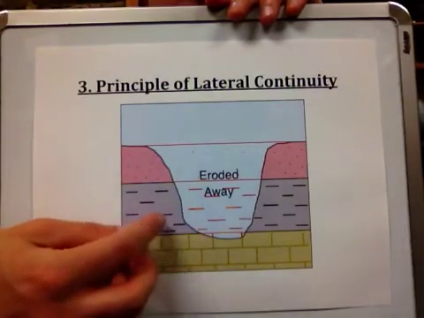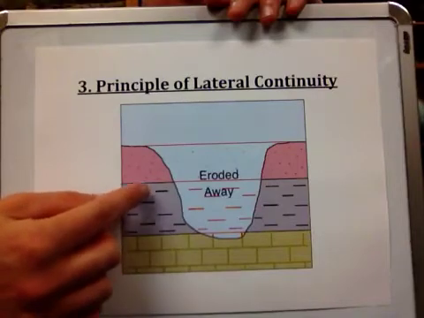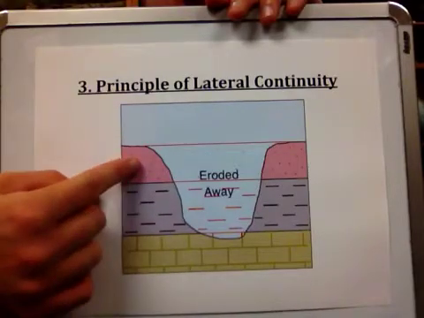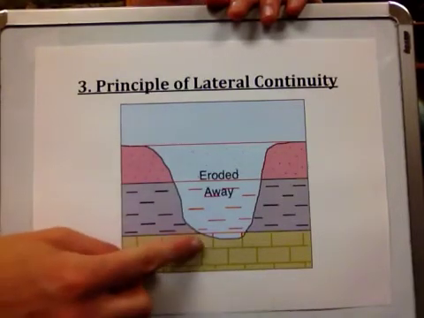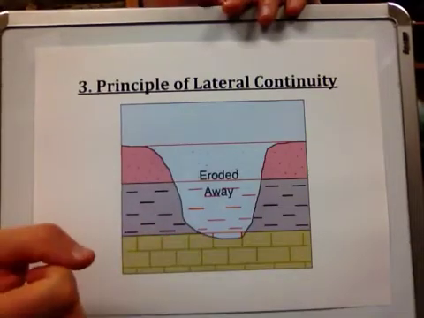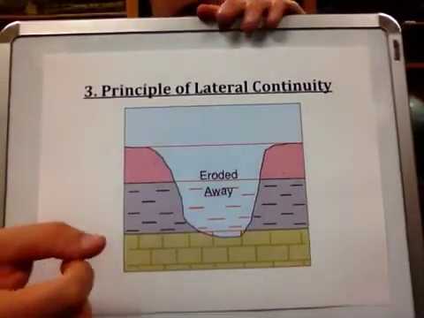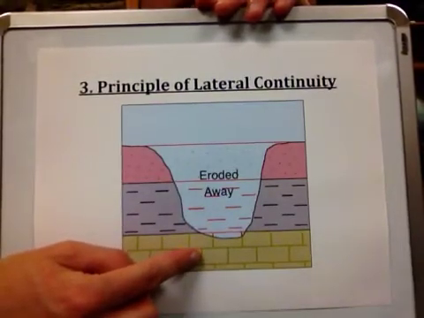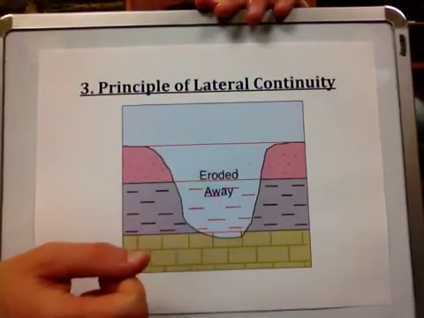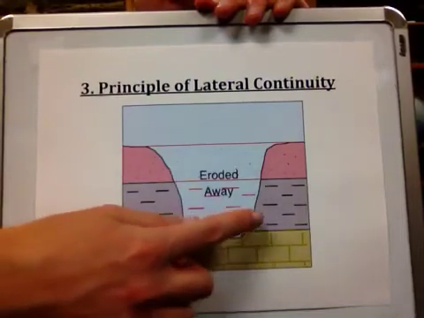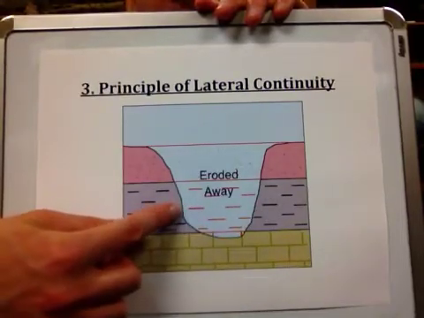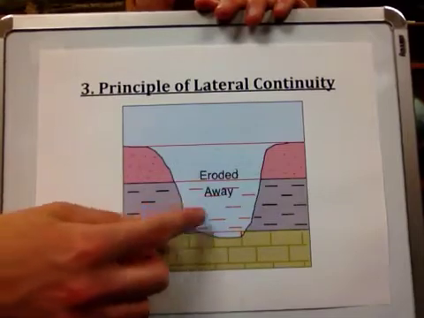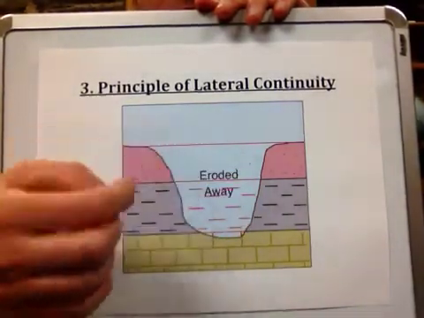They have the same minerals, the same sorting, the same roundness for maybe the sandstone, and the same set of fossils within them if we're looking within the limestone. So the principle, although it seems intuitive to us today, but it wasn't always that way, is that the rocks on each side of the valley are the same layer, and they have been eroded or cut away in the middle.